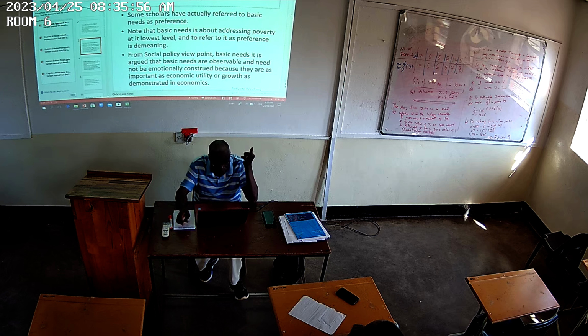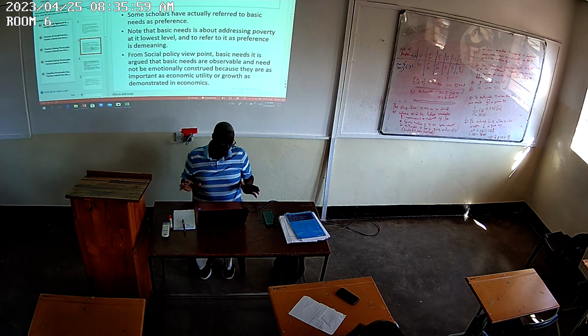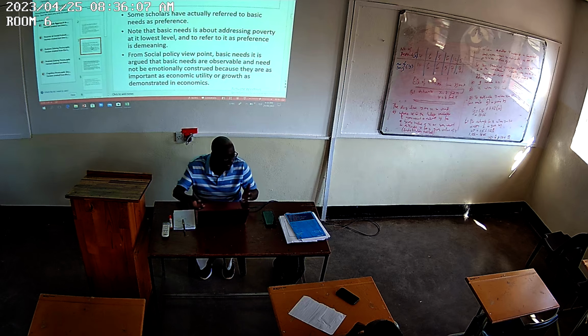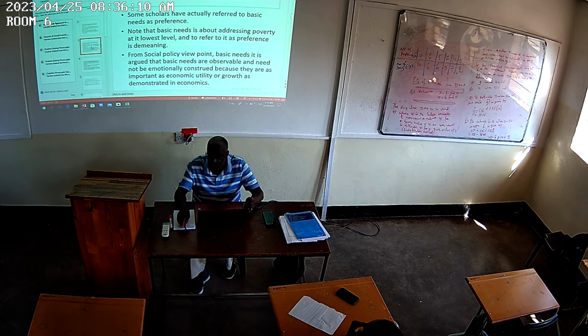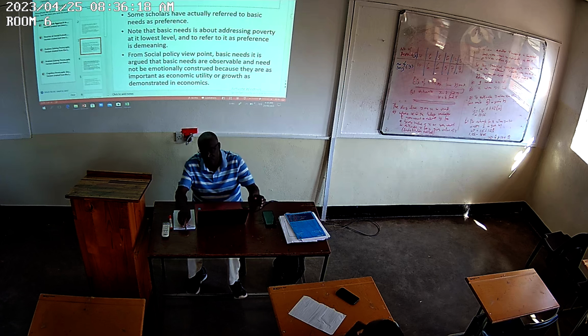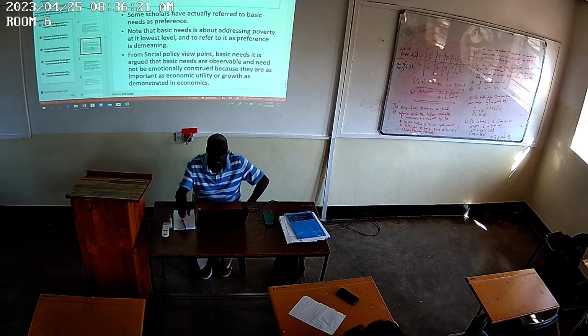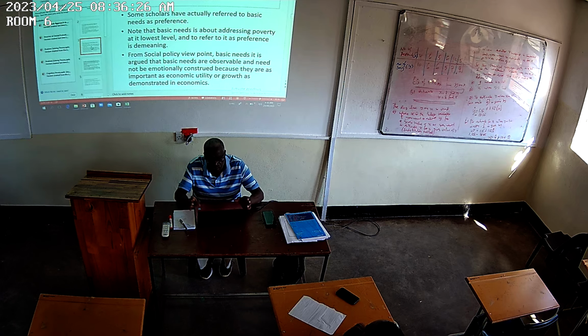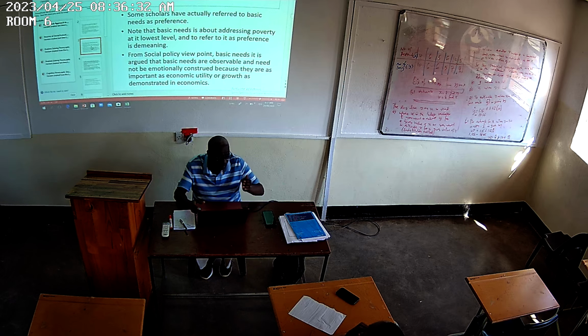The needs of an individual as seen from your angle, and the preference. Even when you decide to give somebody something, it should be something which is preferred by the individual, right? Because if you want rice and I give you cassava, you eat it because you are poor, you don't have anything. But if you have a choice, you say, no, I prefer this to that. So when we look at issues of basic needs, it should not just be because people are very poor, then you give them. They should also prefer to have something because it is good for themselves. That's what this means here.